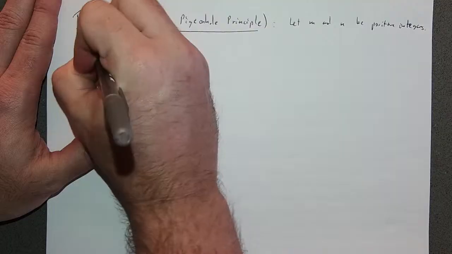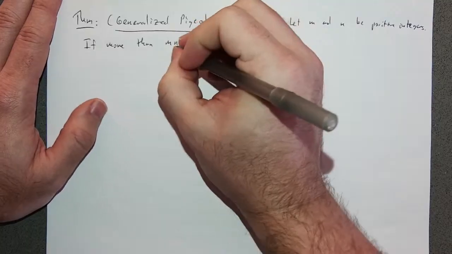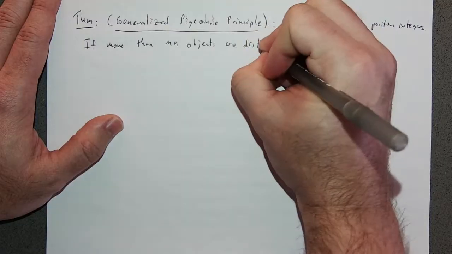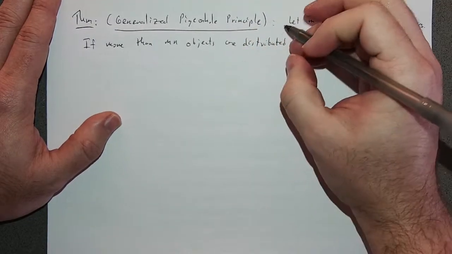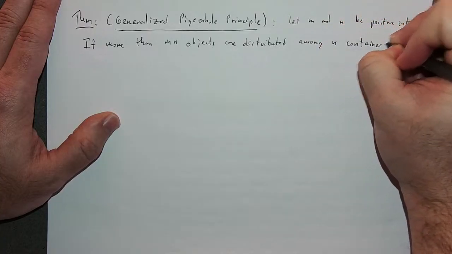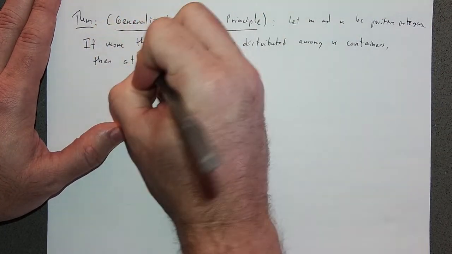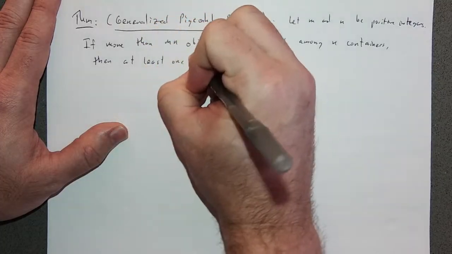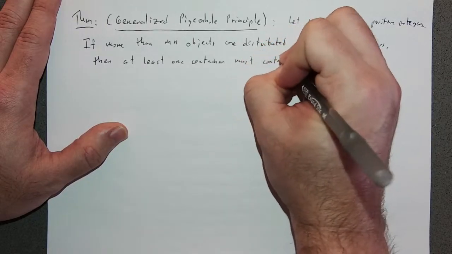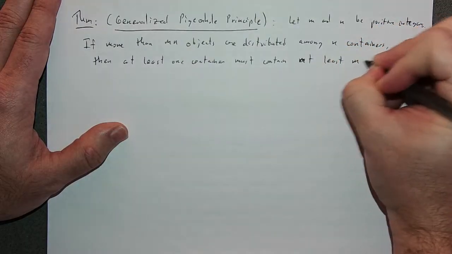If more than m times n objects are distributed among n containers, then at least one container must contain at least m+1 objects.